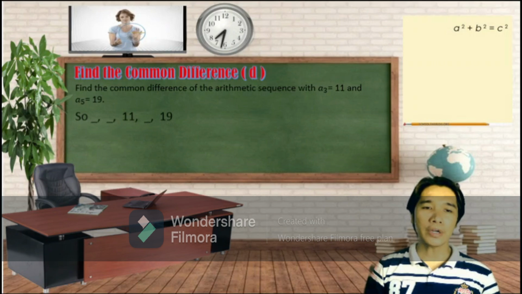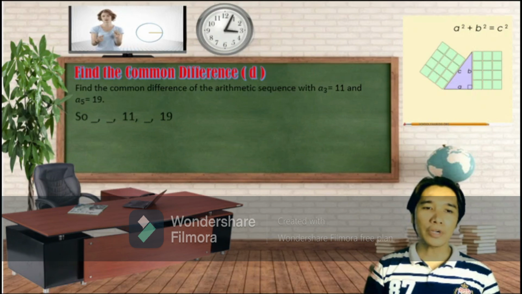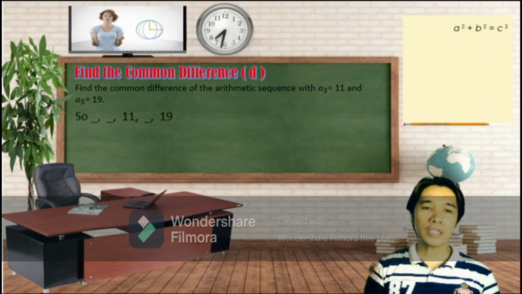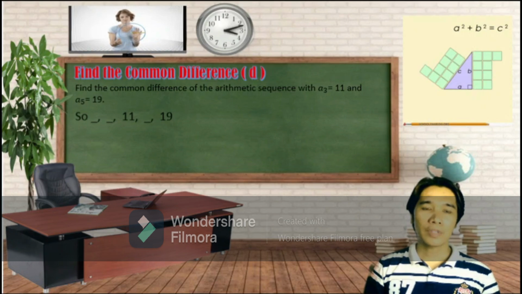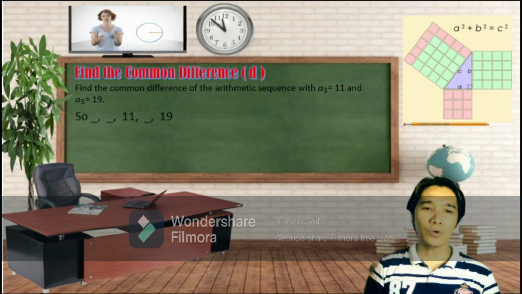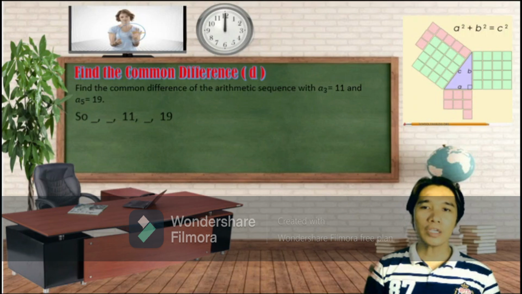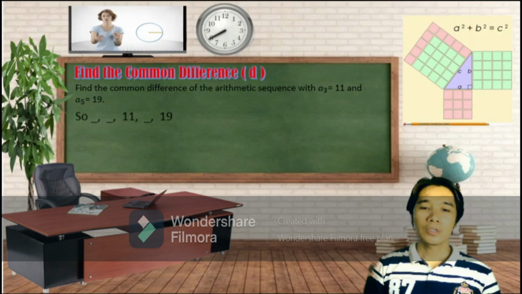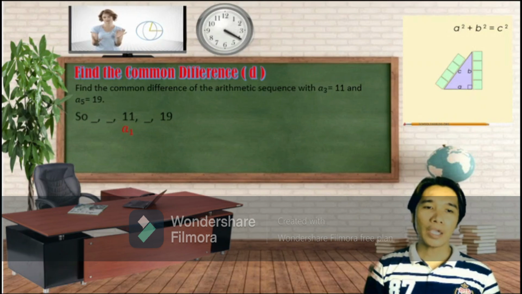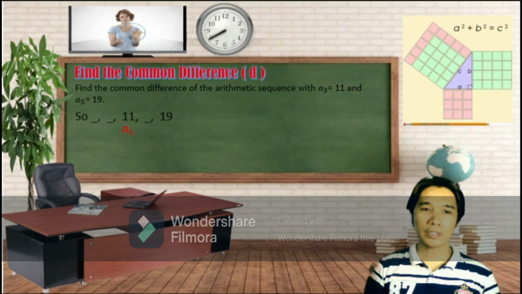So we have here the sequence of numbers: 2 unknown, then we have a sub 3 that is 11, then a sub 4 is unknown, then a sub 5 is 19. So what are we going to do with this? Let us assume 11 as our a sub 1.